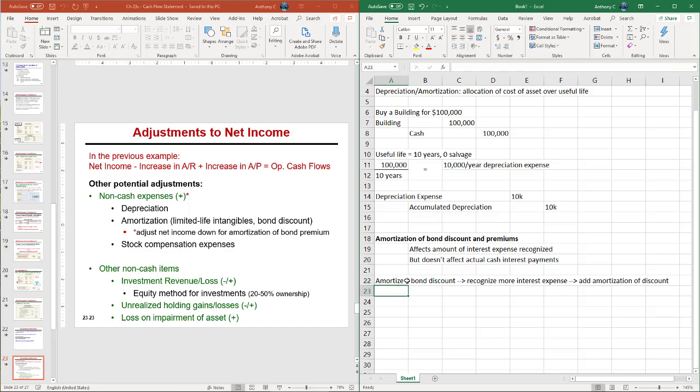Okay, a bond premium is just the exact opposite. When we amortize the bond premium, that means we ended up recognizing less interest expense. And so since net income reflects the interest expense, we would have to subtract out the amount of the premium amortized.